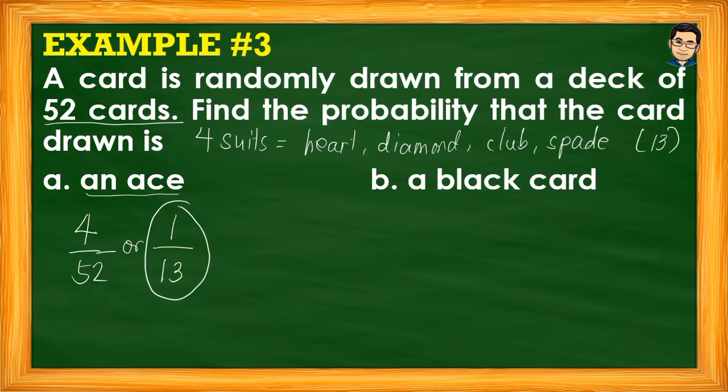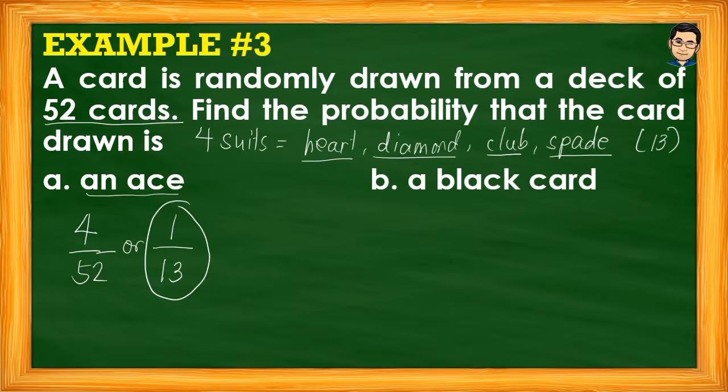Next, probability of getting a black card. Okay, so sa mga suits na to, meron tayong tinatawag na red cards tsaka black cards. So yung mga red cards natin, heart and diamond. And then yung club and spade, ito yung mga tinatawag nating black cards. So again, kada suit meron tayong 13 cards.